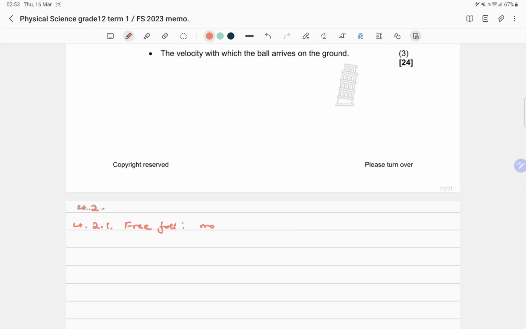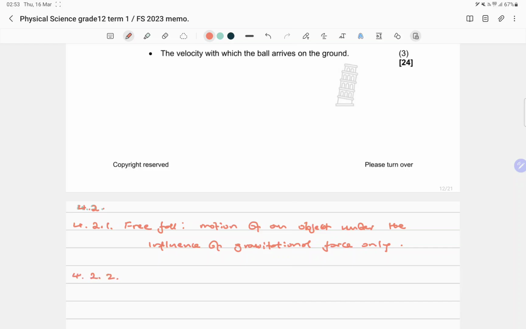So this is motion of an object under the influence of gravitational force only. Okay, that is easy, 2 marks.